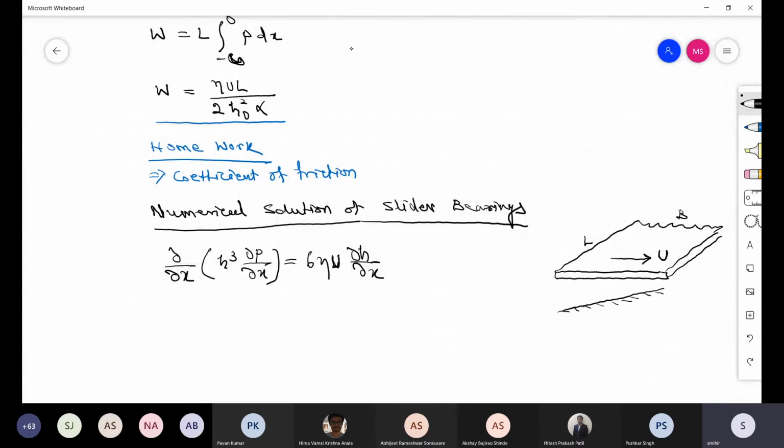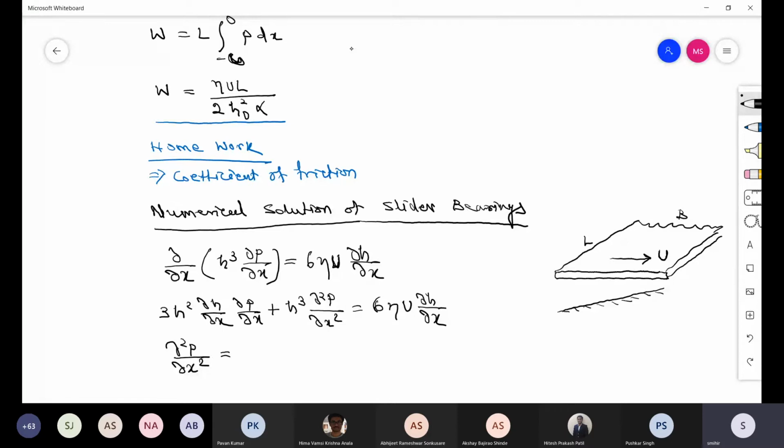Just open these differentials and rearrange the equation. So bring this del square p upon del x square to the left.